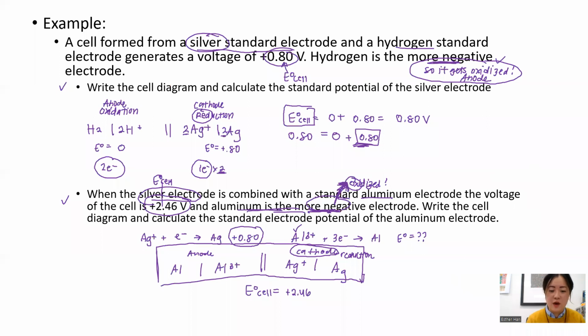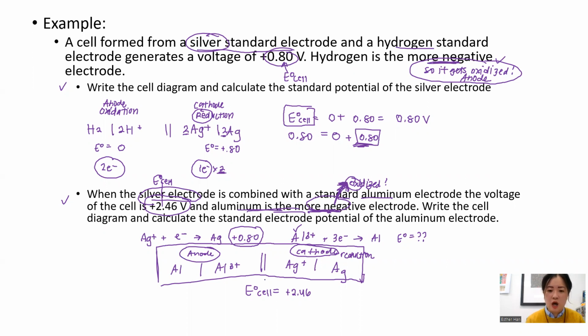Okay, no, this is good. So anode, oxidation. We have the more negative reaction occurring over here because we're going to have to flip it. The cathode, we have our reduction happening. So this is just silver reacting in terms of how you would normally expect it to react with reduction, our normal SERP table values that you're seeing over here.